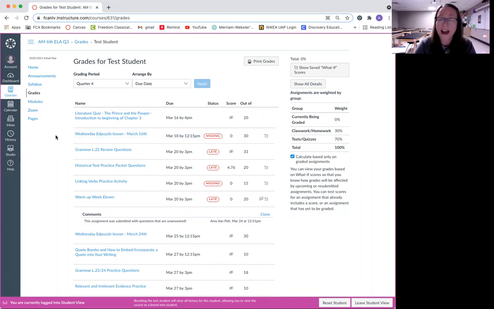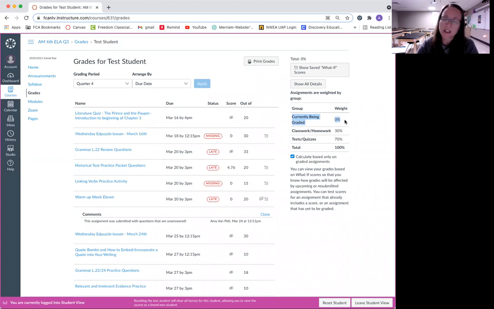As I mentioned in most parent-teacher conferences, there is another category that I added called currently being graded. While assignments are being graded, many assignments on Canvas automatically say 0%. And zeros are not very friendly for calculating grades. They make our grades yo-yo. And so I found a solution, and that is to create a category that says currently being graded, and assignments go there while they are waiting to be graded.